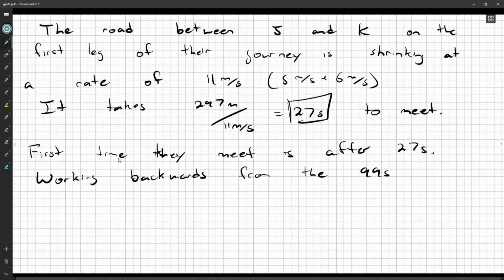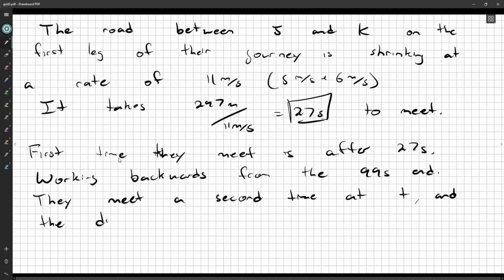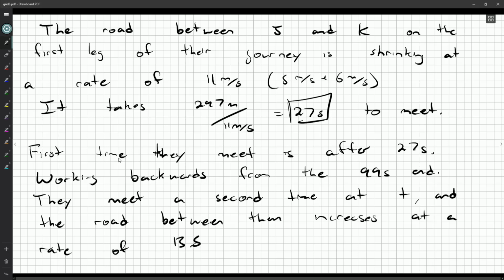Okay, so working backwards, from the 99-second end, they meet a second time at T, and the distance, or the road between them, increases at a rate of 13.5, which is half of 27, so this is looking like it's going to be very nice numbers.